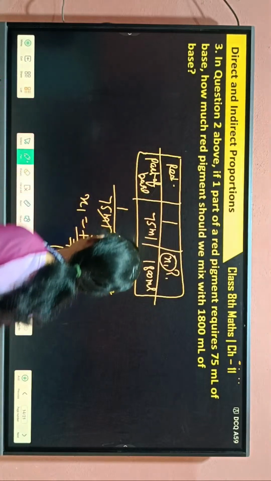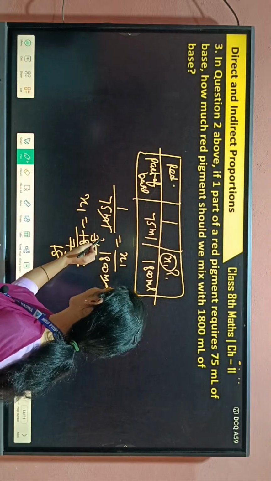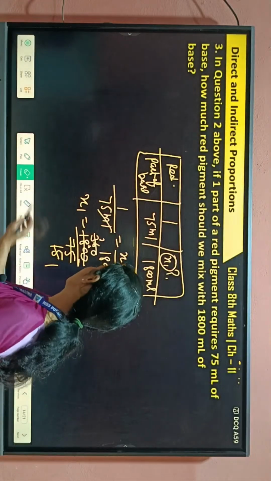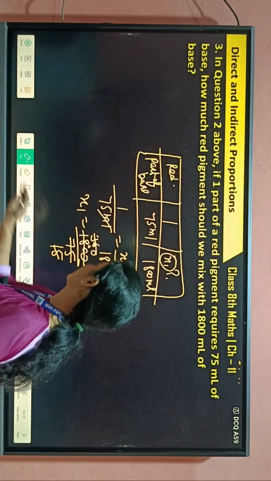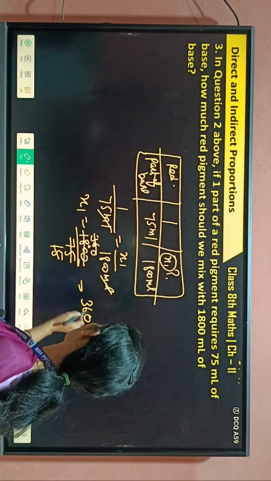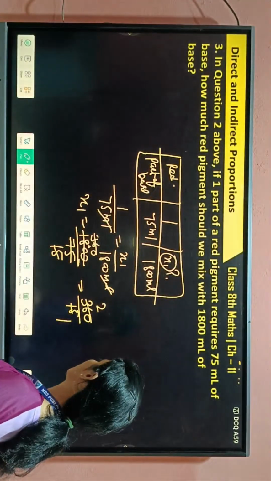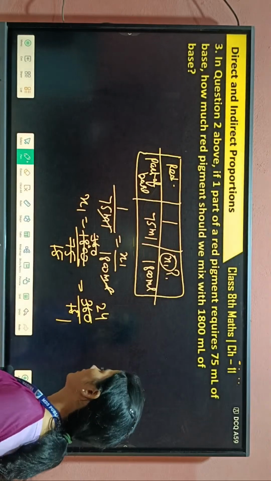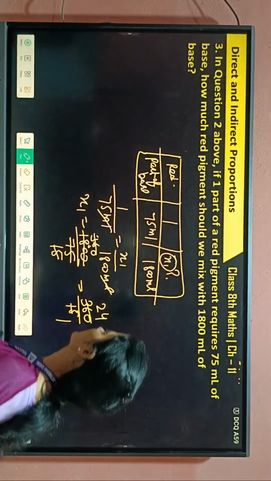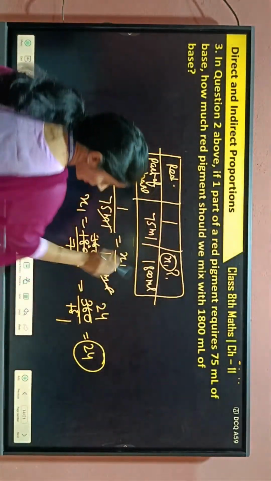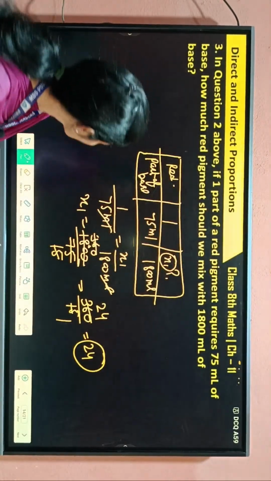Cancel with 15: 15 ones are 15, 15 twos are 30. It is 360 upon 15. 15 ones are 15, 15 twos are 30, and 15 fours are 60. The answer is 24 red pigments. 24 red pigments require 1800 ml of base paint.